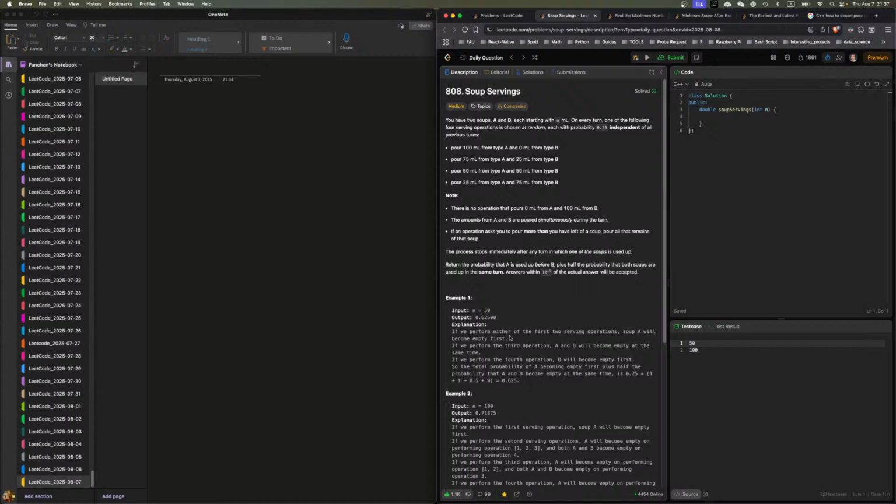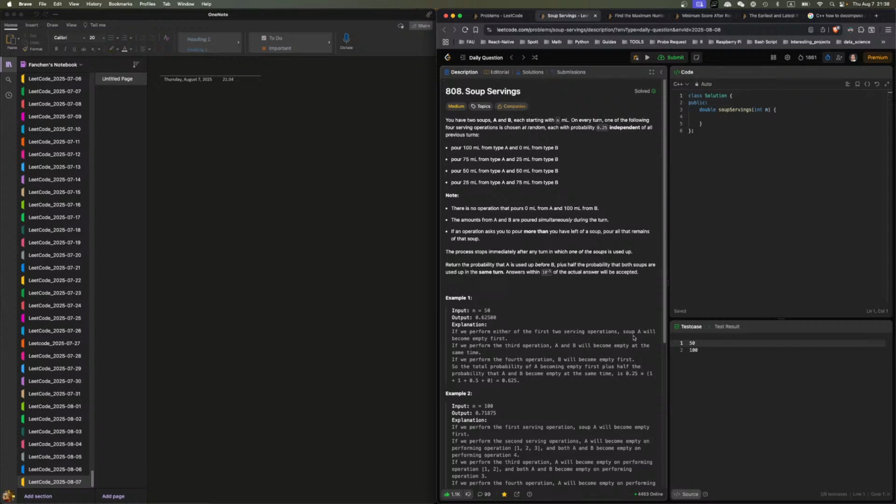If we perform either of the first 2 serving options, soup A will become empty first. If we perform the third option, A and B will become empty at the same time. If we perform the fourth option, B will become empty first.